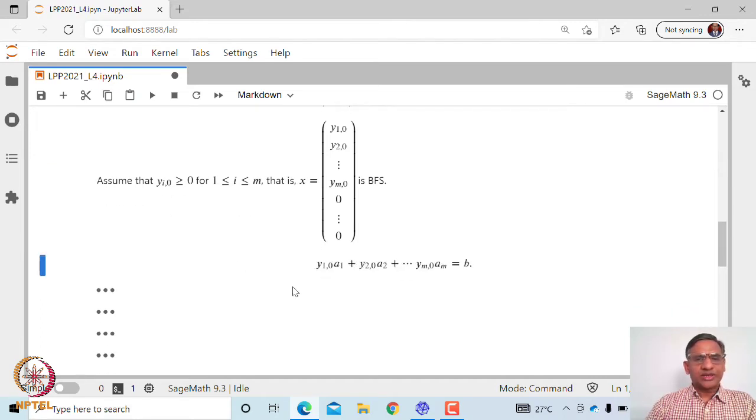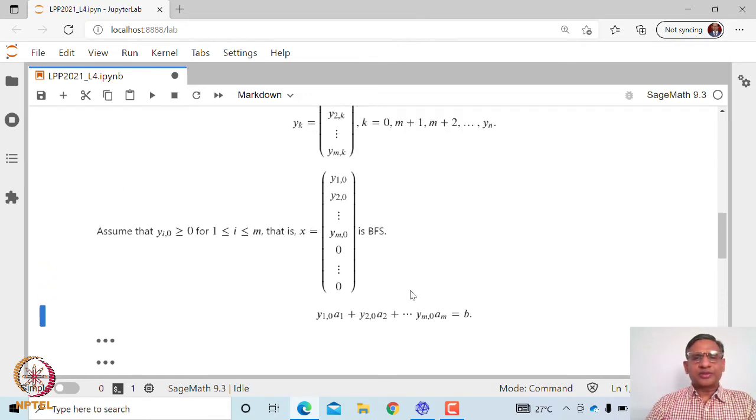Now, what are we going to do? We will move to another corner point, in the sense that we need to bring one of the basic variables out as a non-basic variable and one of the non-basic variables in as a basic variable.